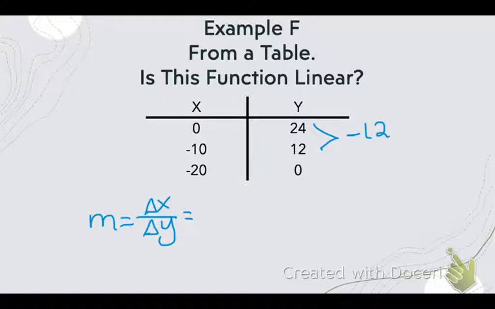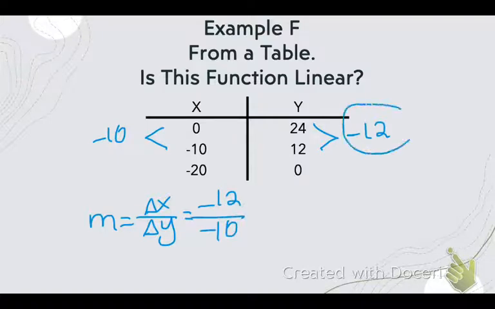And from 0 to -10, I'm going down 10 places. So my slope ratio, my -12 is going to go on top, and my -10 is going to go on the bottom, because my -12 is referring to the y's, and the y is on top. Actually, I wrote my slope ratio wrong there.